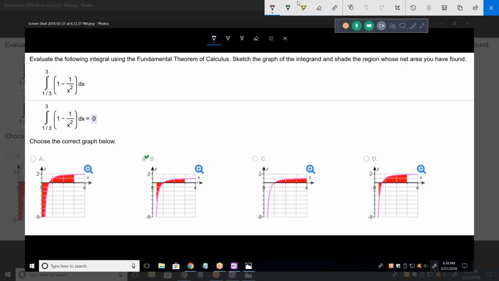Now this is a relatively easy one to find the antiderivative of, because it's the difference of two functions. In other words, as long as I can integrate that, and as long as I can integrate that, then this is pretty easy to integrate. So what is it? So it's x.